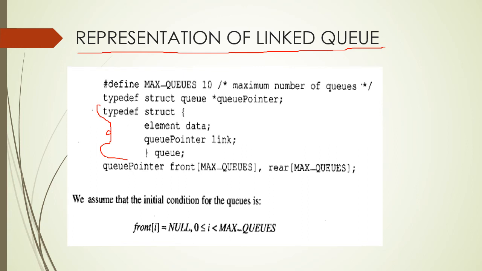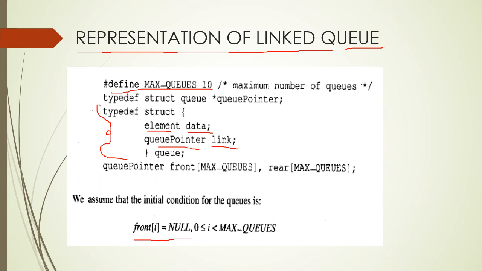The name of that structure is element. So the data field is of type element and the link field is of type queue pointer. It's a pointer because it holds the address of the next node. Here we are assuming the maximum number of queues that can be created inside the memory is 10, and front is equal to null when there is no node in a particular queue.